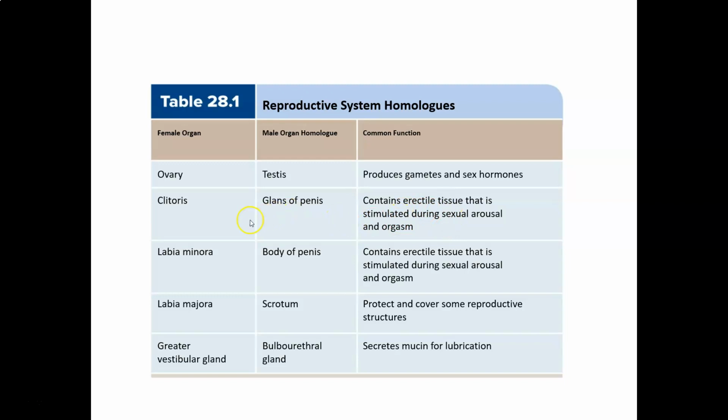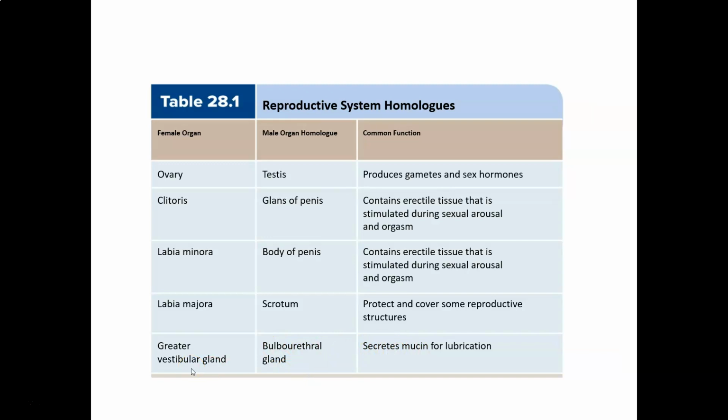In the female, the homologous organ, even though much smaller, has the same function: the clitoris. Similarly, the labia minora and labia majora each correspond to a homologous male organ. I forgot to mention the bulbourethral gland in the male; its function is to secrete mucin for lubrication.